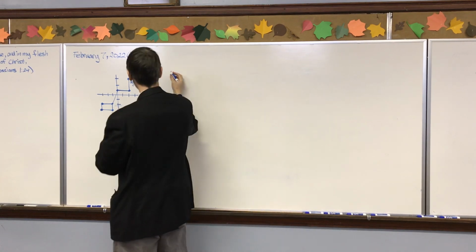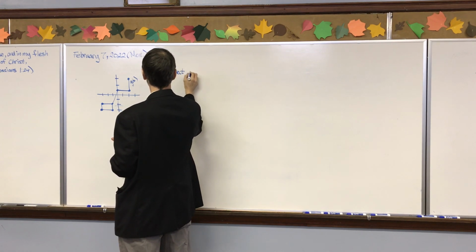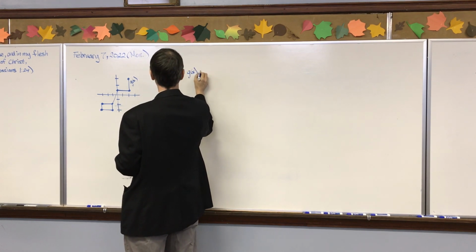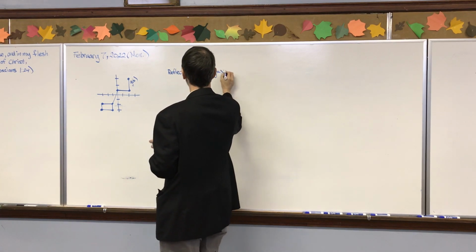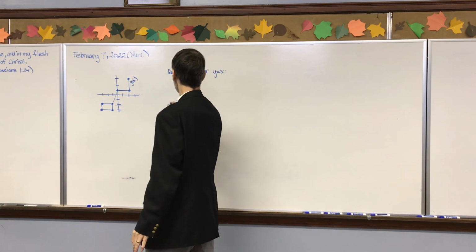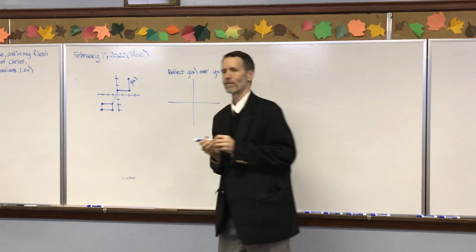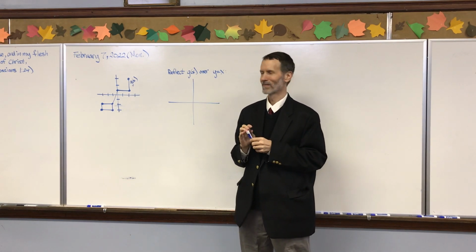So what I want is, reflect g of x over the line y equals x, and give me a new graph. Somebody talk me through this.